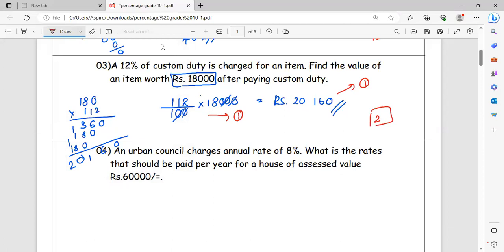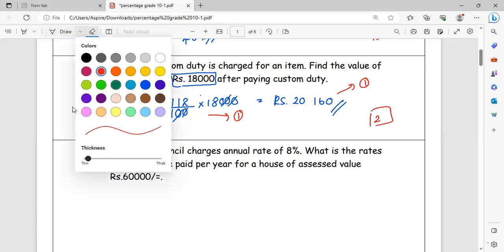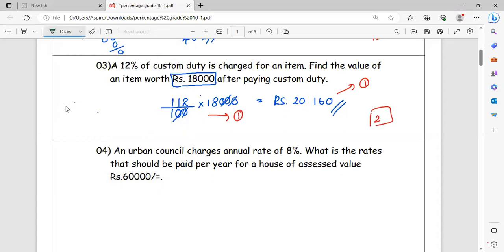Actually you can do this in the other method. You can calculate the custom duty like this. Custom duty to calculate කරන්නකො if worth of the item is 100, 12 custom duty has to be paid. Then 18,000, 0 to 0 cancel. So 12 times 8 is 96.